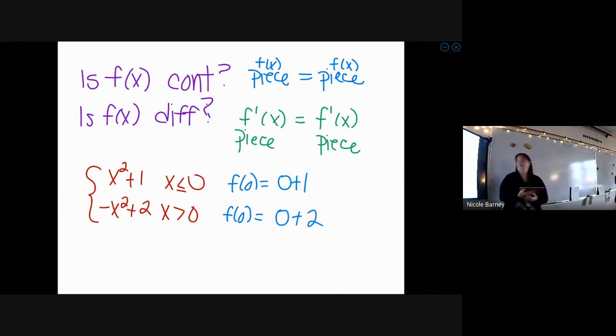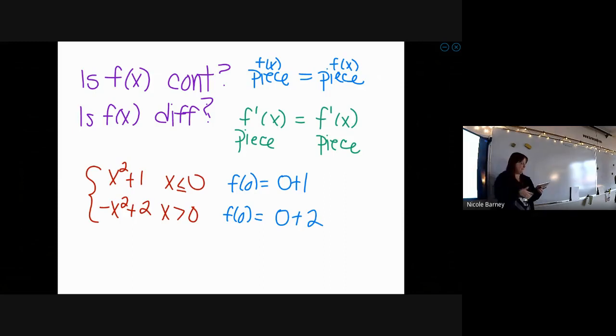So is this one continuous? No, because this piece doesn't equal this piece at 0. So is it differentiable? Nope. If it's not continuous, it doesn't matter. If this says it's not continuous, but this says it is differentiable, your algebra is lying to you, because remember how sometimes algebra tells us stuff that's not true? If it's not continuous, it's definitely not differentiable, no matter what.